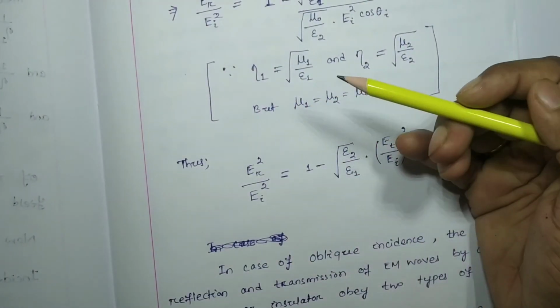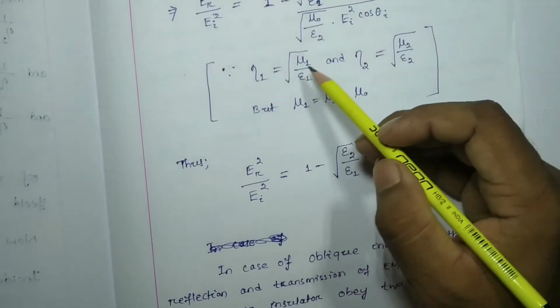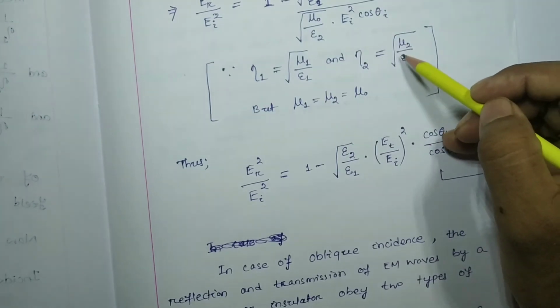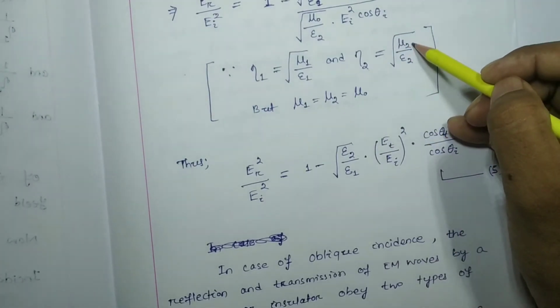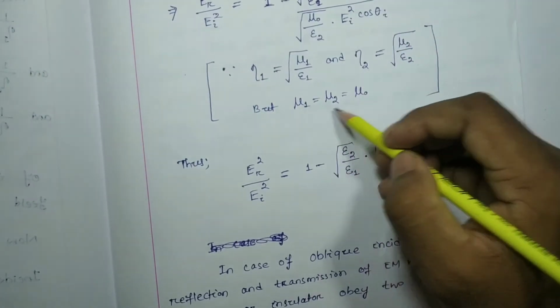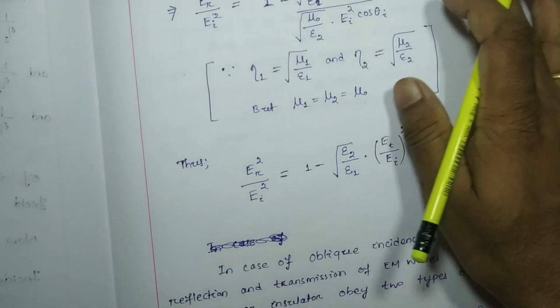We know that η1 is √(μ1/ε1) and η2 is √(μ2/ε2), where μ1 equals μ2 equals μ0 for a perfect dielectric medium.